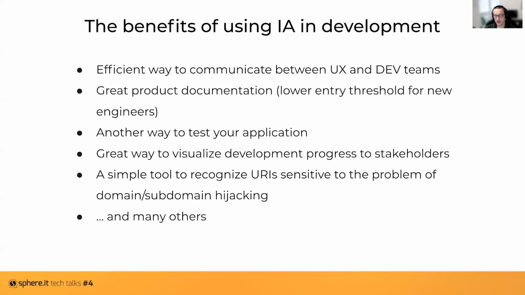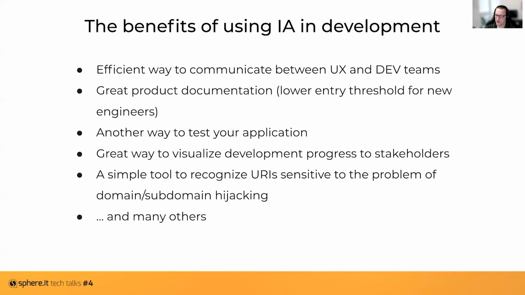Another great benefit is that it gives us a simple tool to recognize URIs sensitive to the problem of domain and subdomain hijacking. I won't go deep into this point, but you definitely remember that in the recent past, a couple of really big companies had a problem with domain and subdomain hijacking.